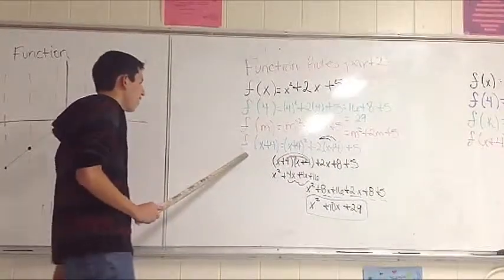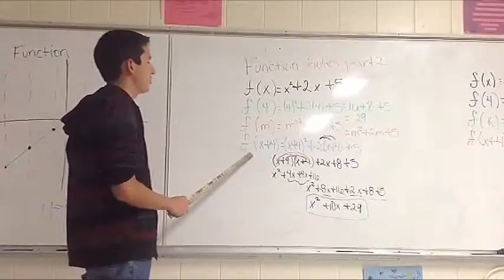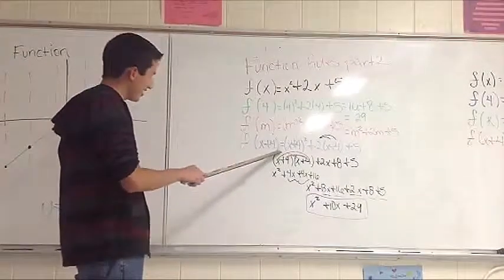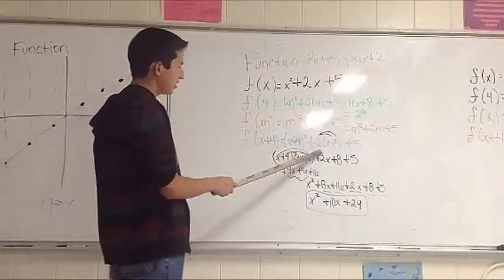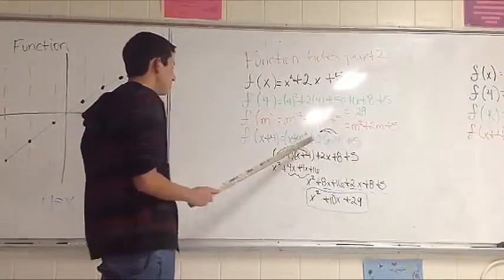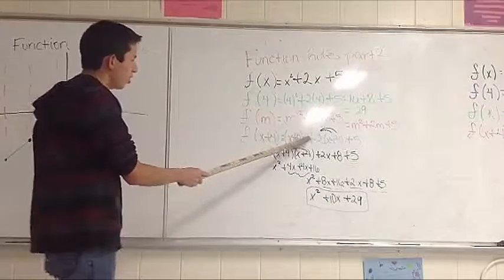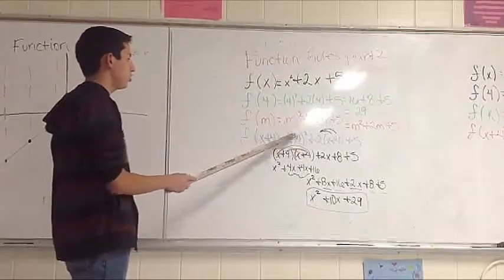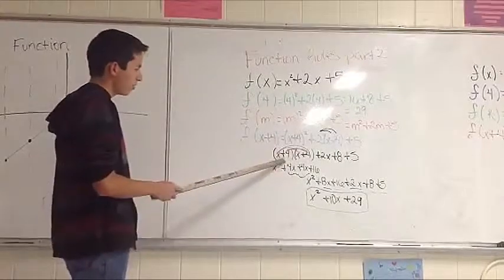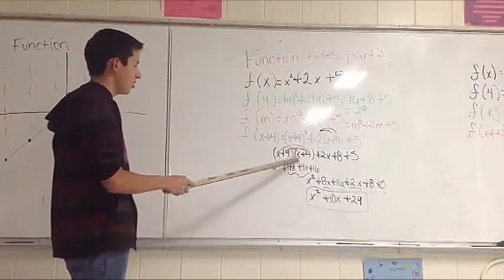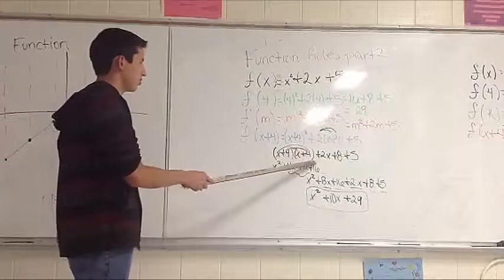For the last one, we will use an expression, and we will replace it with the x's: x plus 4 squared plus 2 times x plus 4 plus 5. And since the expression is squared, we will not distribute the square, which would make it x squared plus 16. We are using FOIL, which is multiplying x plus 4 times x plus 4.